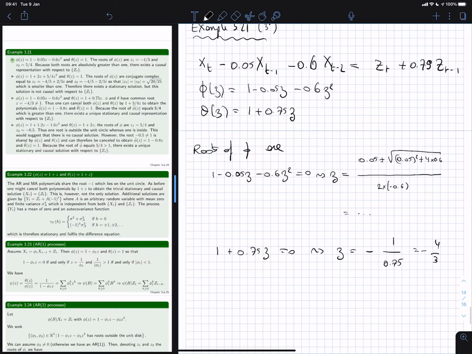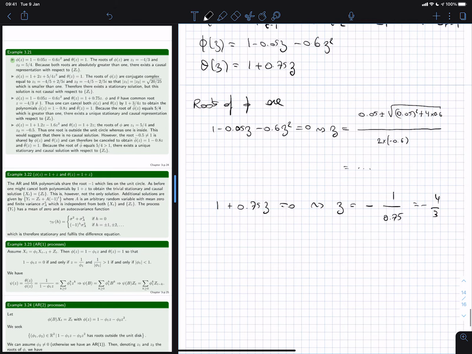Now how do we solve this with a software? Well, you could use R. I'm not sure I remember right now the command in R. I'm working on my iPad, so I can't really share what I'm doing. So to do this, you just write solve, and then what do you have to input?